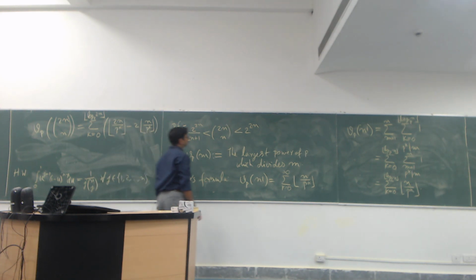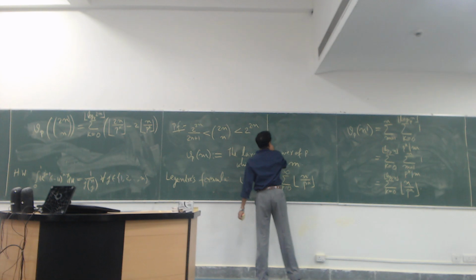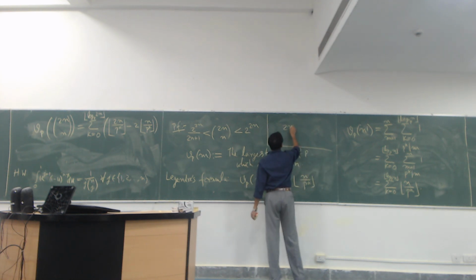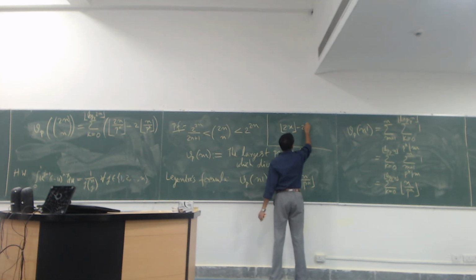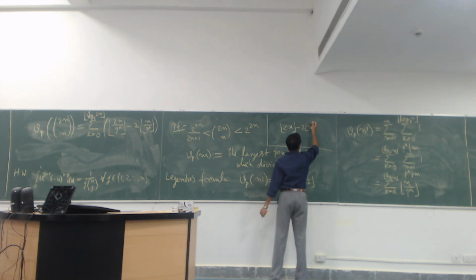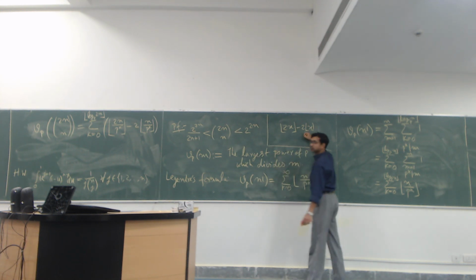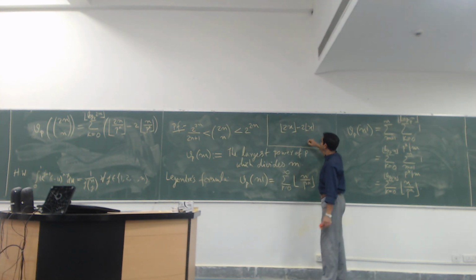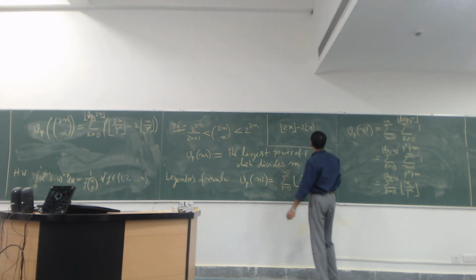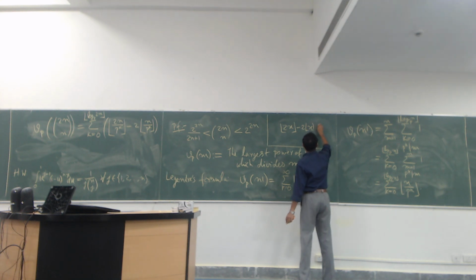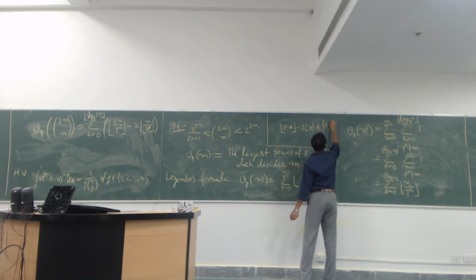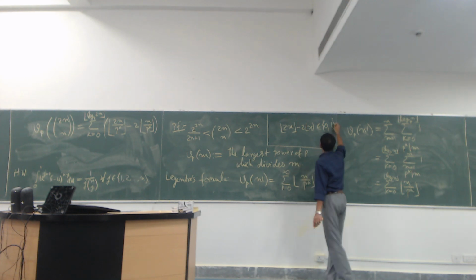Now note one thing, that floor of 2x minus 2 floor of x, for any positive x, takes values 0 or 1. It depends on the fractional part of x. If x is an integer, then it is 0.